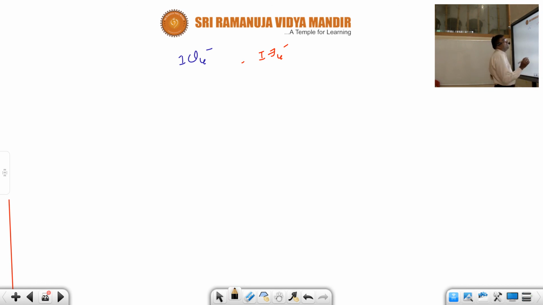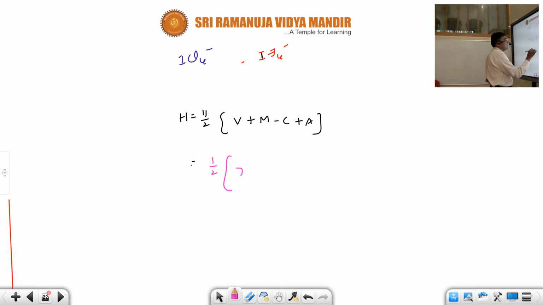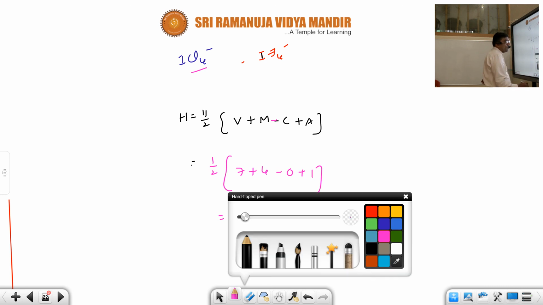Now in ICl4 minus, use the formula H is equal to half into V plus M minus C plus A. So half into I is 7, number of monovalent atoms 4, minus charge on the cation 0, plus charge on the anion is 1. So total 7 plus 5, divided by 2, is equal to 6. So out of 6, only 4 bond pairs, that is it is square planar.